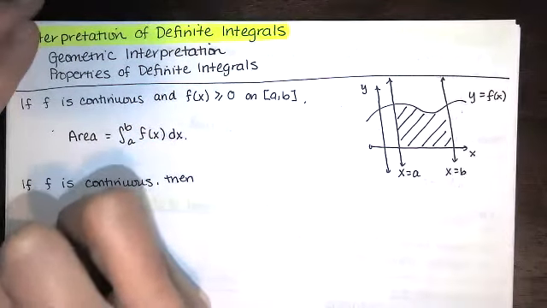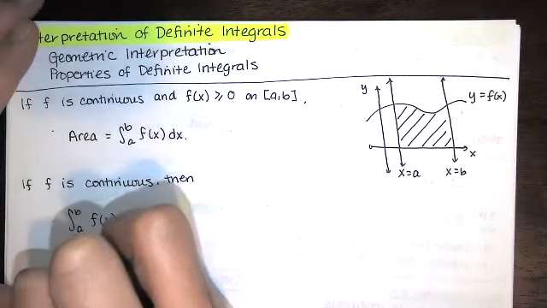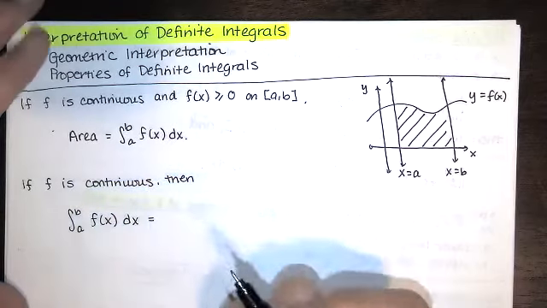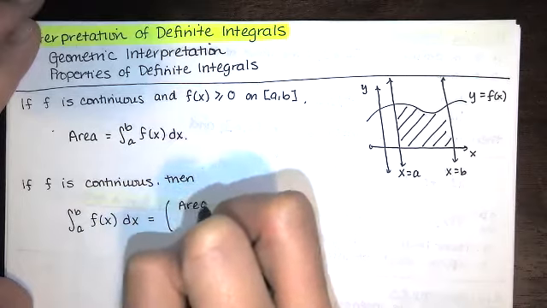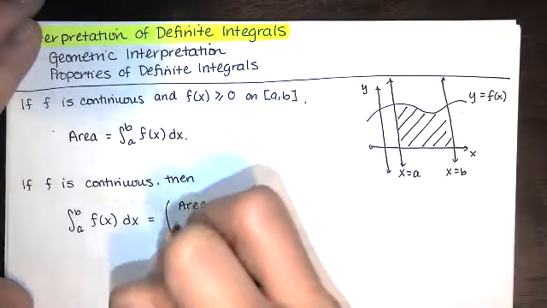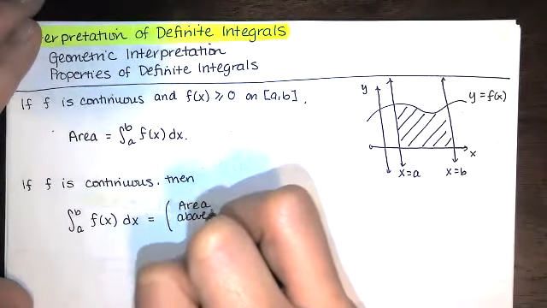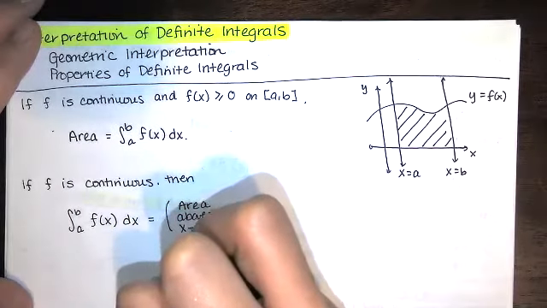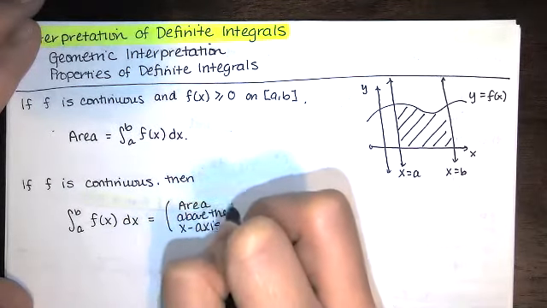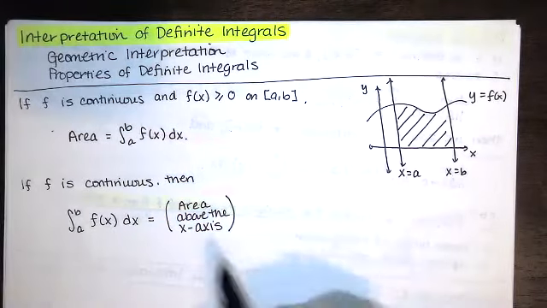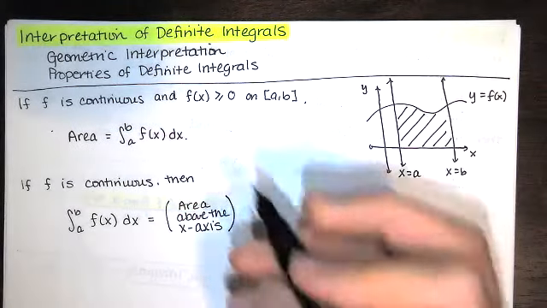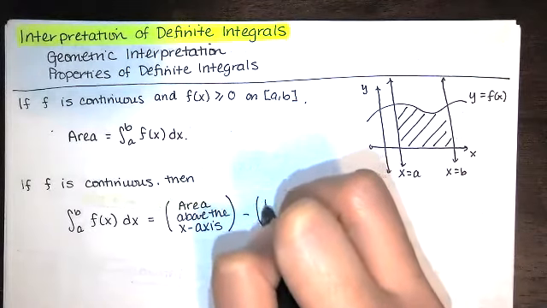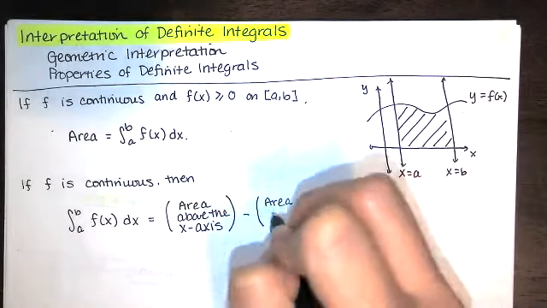Then the integral from a to b of f of x with respect to x is going to be the area above the x-axis. That's the area bounded by the function f of x and the x-axis that lies above the x-axis, minus the area below the x-axis.